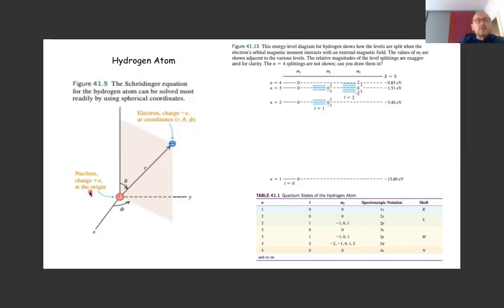What I did was show you how people would do that, because it's a rather cumbersome and long derivation to actually solve a 3D problem with spherical coordinates.